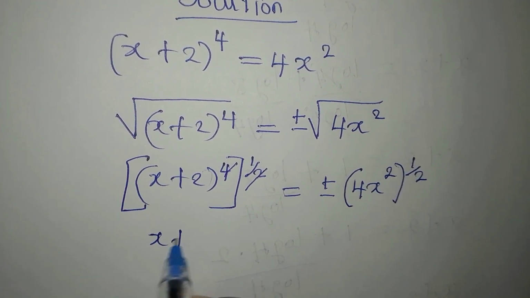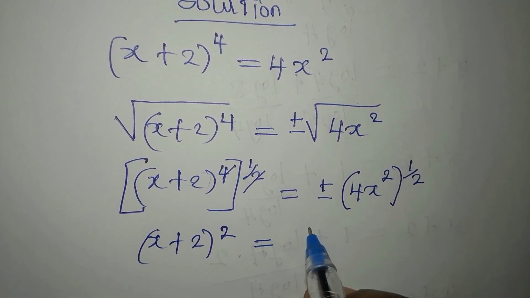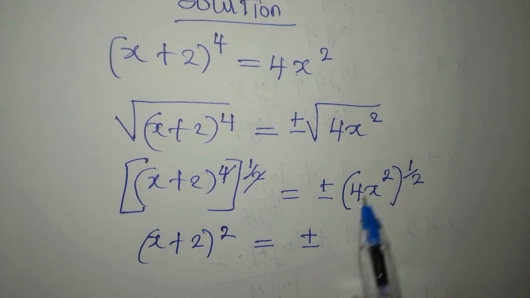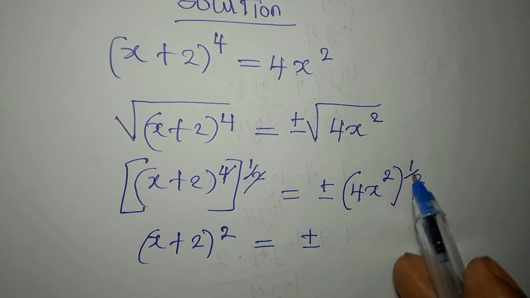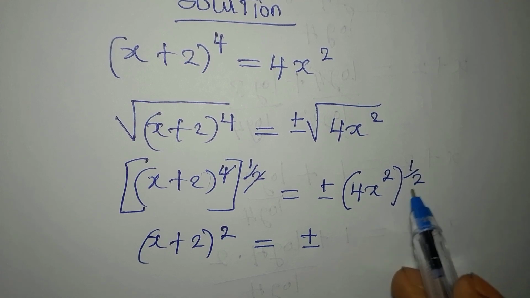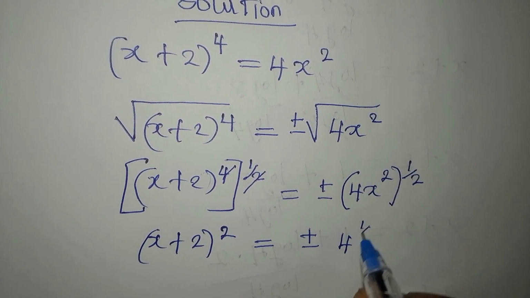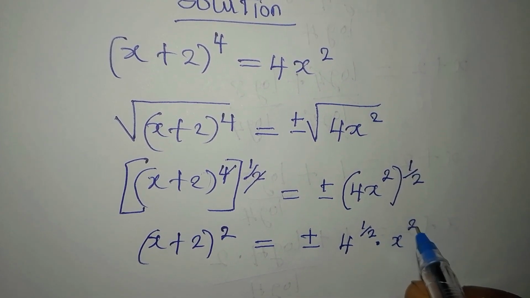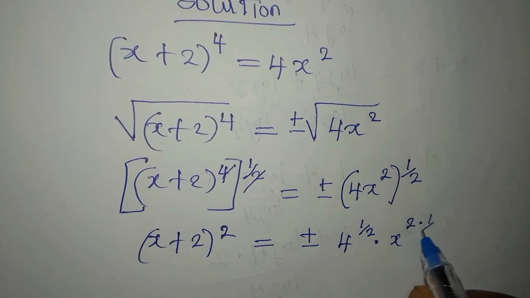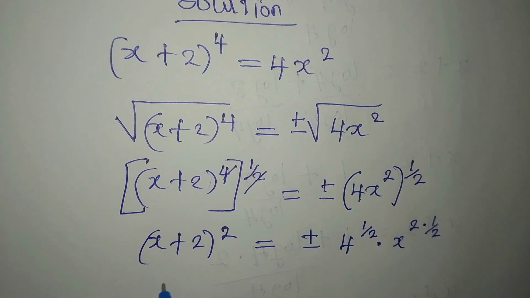So we have (x + 2)^2 equals plus or minus. This time around it's going to be different. These two terms will have to do with the power here, 1/2. So this is 4^(1/2) multiplied by (x^2)^(1/2). This is interesting, right?